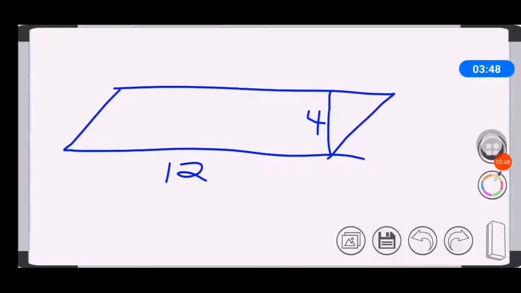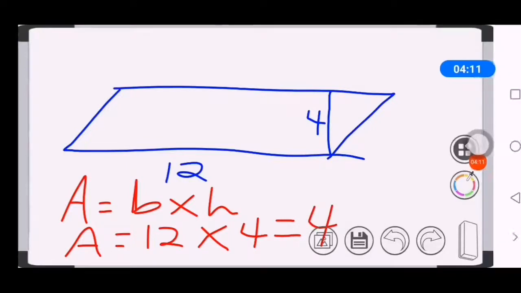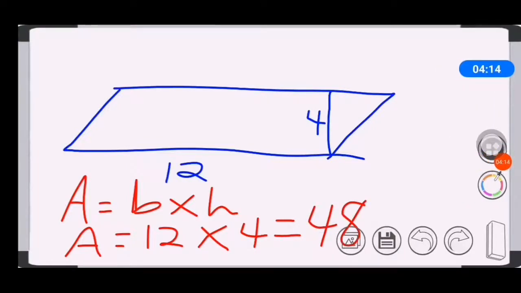We want to find the area of this parallelogram. Area is base times the height, so the area is 12 times the height, which is 4. 12 times 4 gives us 48.